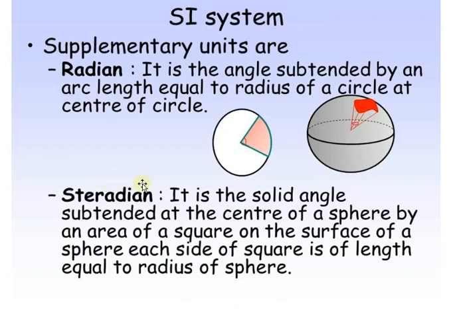What is meant by steradian? It is basically a 3D angle. It is a solid angle subtended at the center of a sphere. This is a sphere, this is the center point, the midpoint of that sphere.